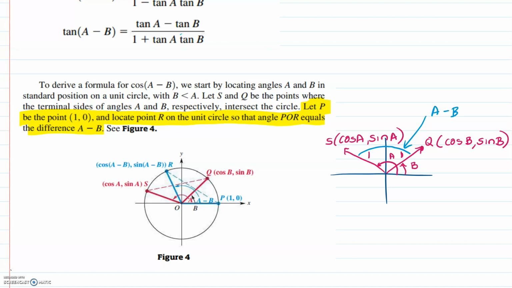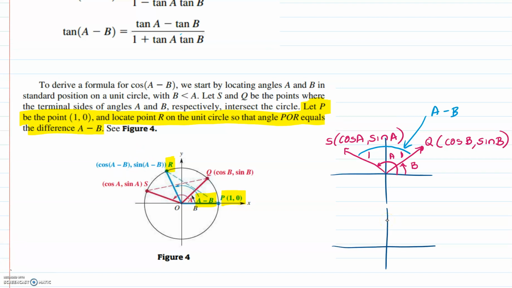So if I have a point on the origin, here's my 1, 0, and I want that same distance as the pink, that's where I'm going to get the R from. And that would be the angle A minus B, and so they show it there in blue. And we know that the X distance for that, since the angle is A minus B, is the cosine of A minus B, comma sine of A minus B. So let's show that.